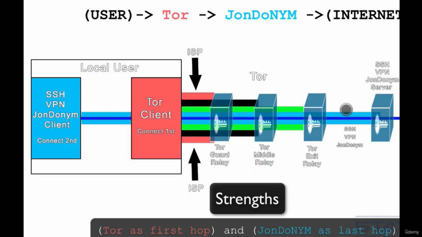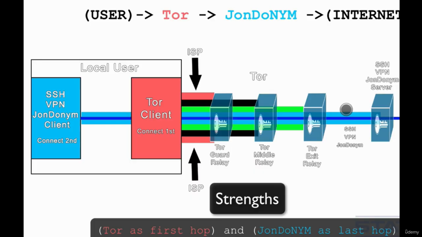Between these two layers, the Tor exit relay and the SSH, VPN, Jondonym server, Tor is stopped, and cannot reach its destination through this layer if Tor is the first hop and SSH, VPN, Jondonym is the last hop.